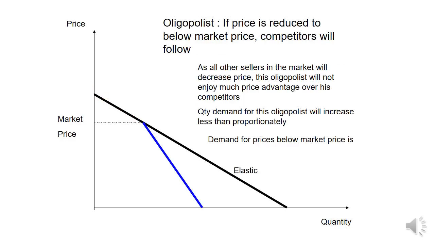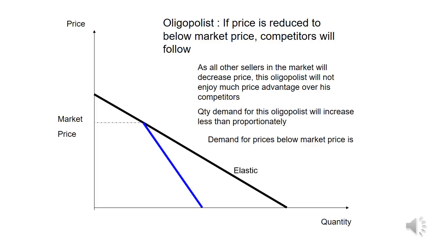On the other hand, if I want to decrease price below the current market price, remember, my competitors are not friendly to me. If I decrease price, I'm sure they will follow my reduction in price. Otherwise, if I reduce price, my product is cheaper than my competitors' and all their customers will come to me. Because they're not friendly towards me, they will definitely follow my reduction in price.